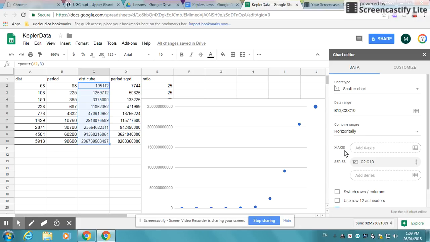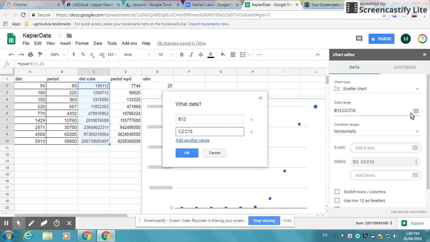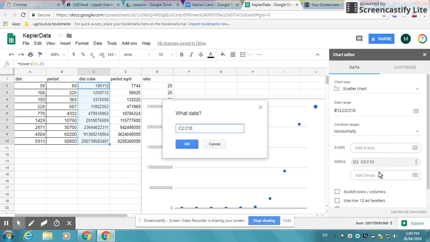Sometimes it will decide to screw up this x-axis, right? So right now it seems to be doing it correctly. It's got B12, C2 to C10, and you're like, no, wait a minute, that's not right. It's gone ahead and forgot about the x-axis again. So I go in here, look at it.